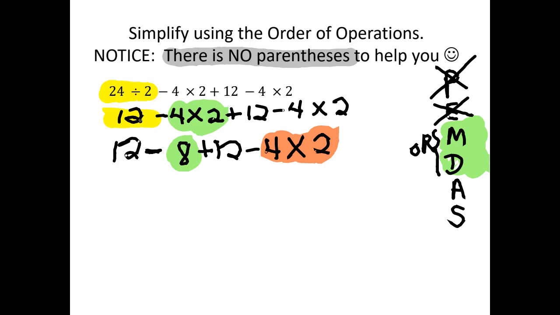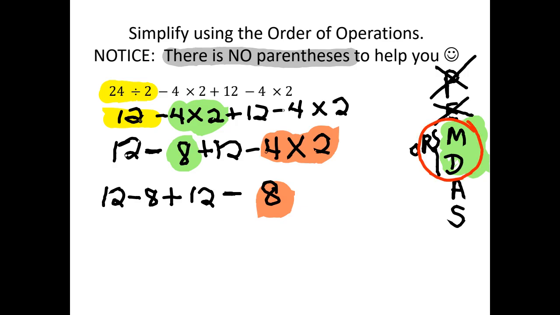Well, this is going to give us 12 minus 8 plus 12 minus 8. Now, we're done with multiplying and dividing.